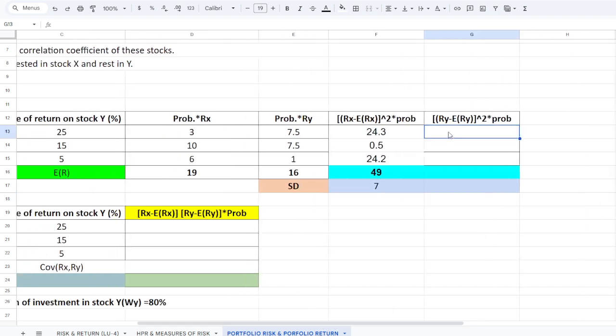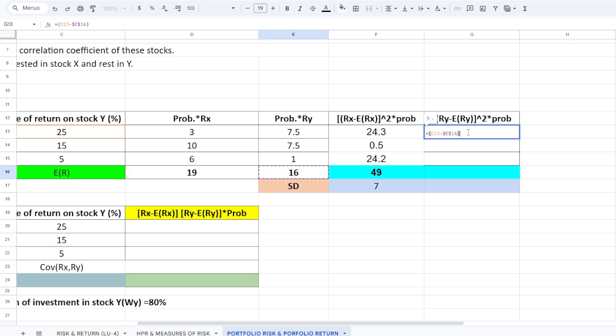Now let's move to the next one, that is RY. We have RY as 25% minus its average, which is 16 here. As we did last time for X, here also you can use the dollar signs, so that the formula automatically provides your results.